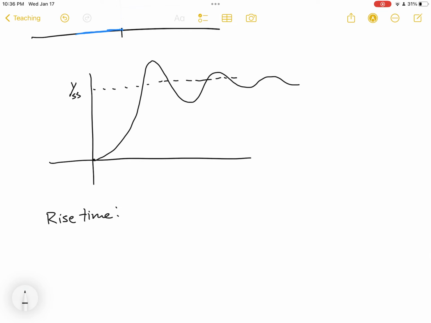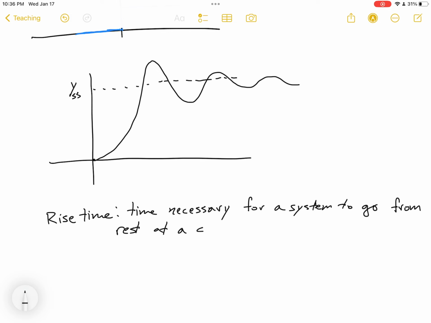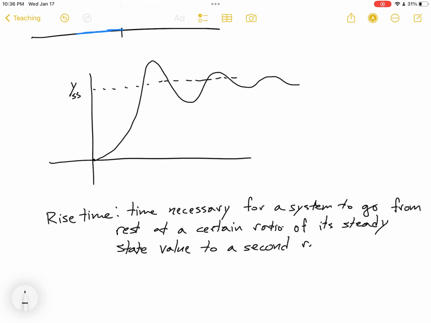So rise time is the time necessary for a system to start from rest, at a certain ratio of its steady state value, to a second ratio of its steady state value.